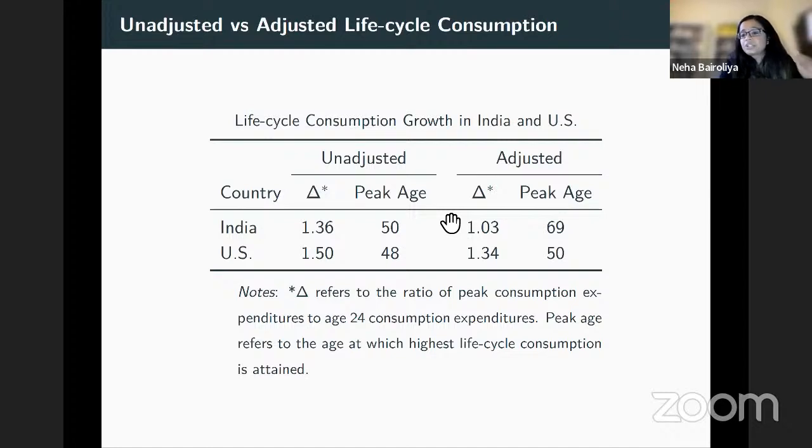But once you adjust for family size, and it does not really matter very much how you adjust for it, what we find is that most of the growth for Indian households goes away, even though we observe a lot of residual growth still for US households. It's only 3%, that's the growth in consumption that we observe once we adjust for family size.